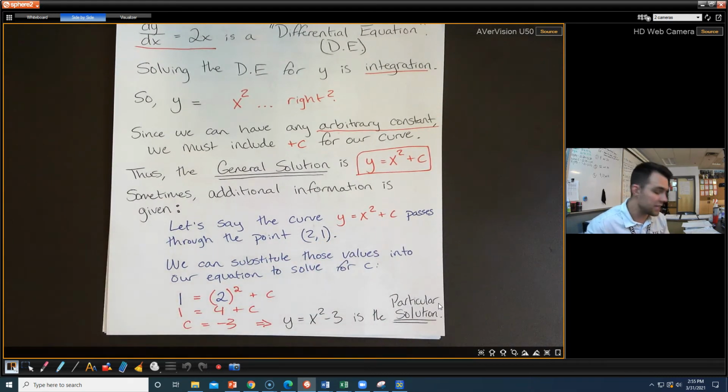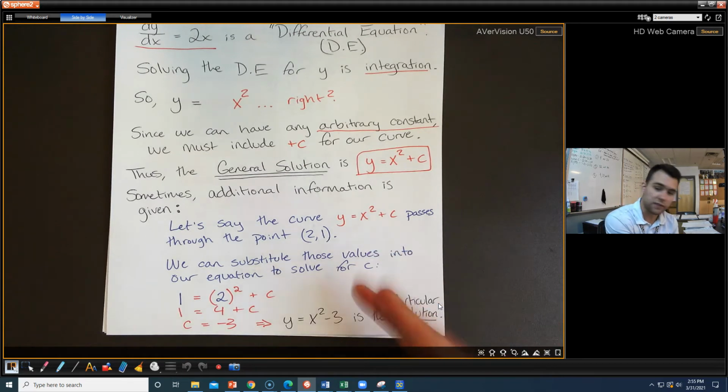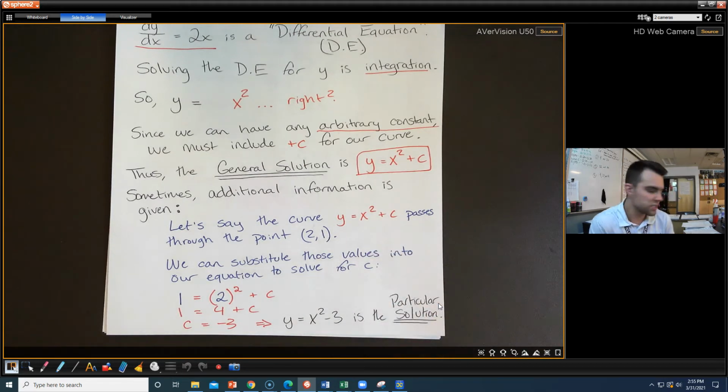And that's actually what I end up doing. And once I do that, I find that c is equal to -3 based on this given information. Thus, y equals x squared minus 3 is the particular solution. When we know what the constant is, that's when we have a particular solution.